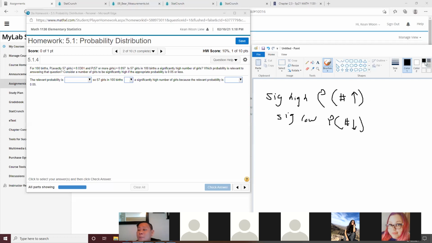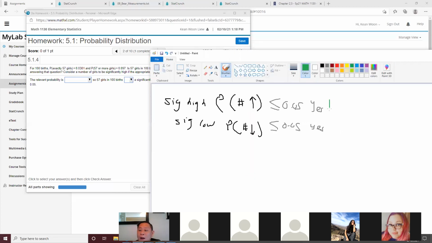If this probability is less than or equal to 0.05, then your answer is yes, it is significantly high, or yes, it is significantly low. But if it is more than 0.05, then your answer is no. What I want to point out is that when you do significantly high, make sure it's that number and above.